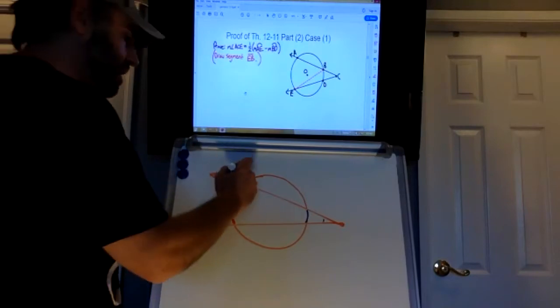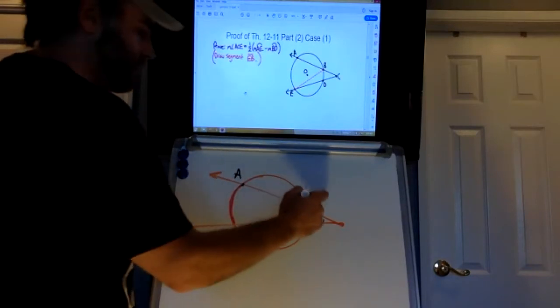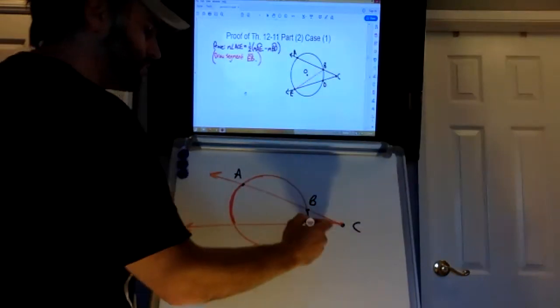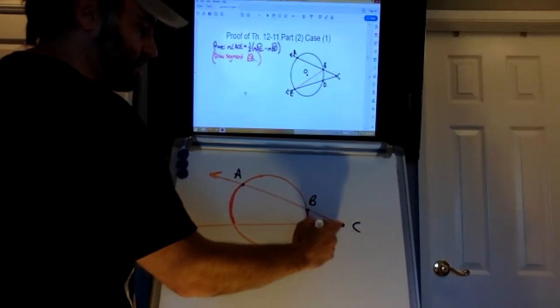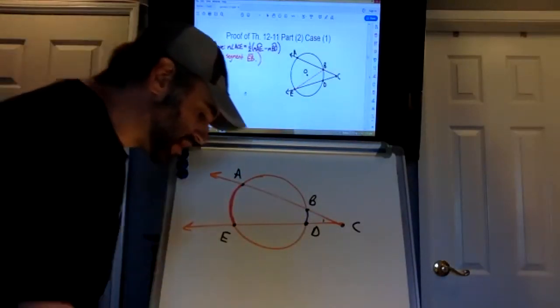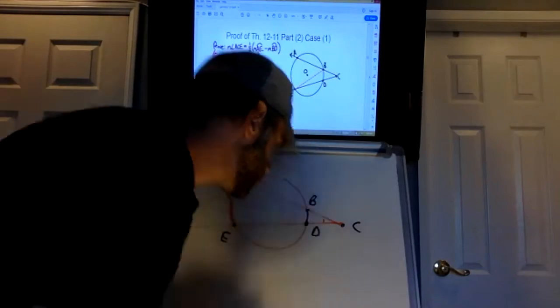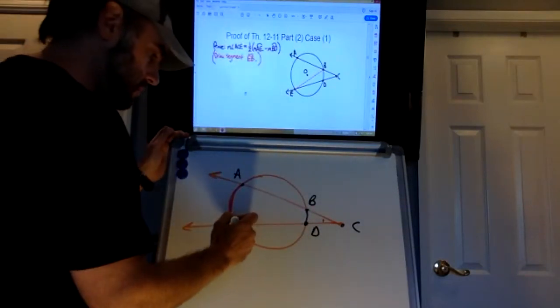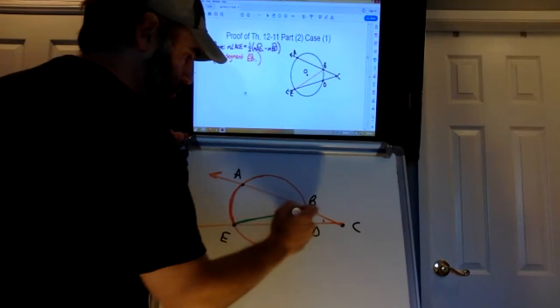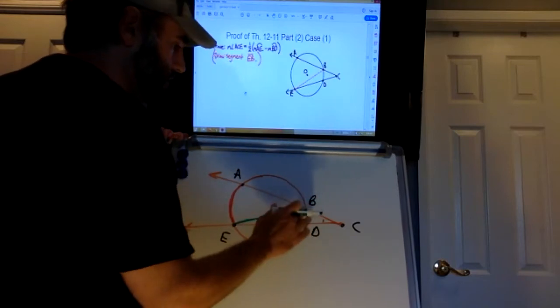So here we have A, and we have B, and C is the meeting point, and we have D coming around here, and we have E. You can see an auxiliary segment drawn to there.